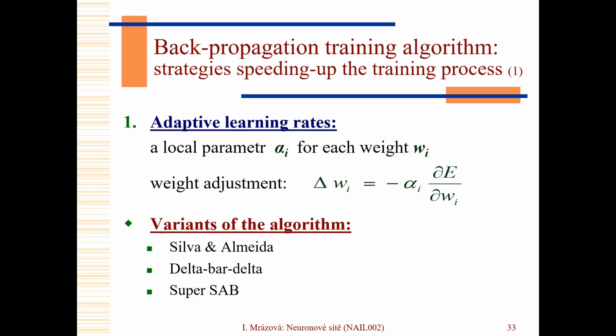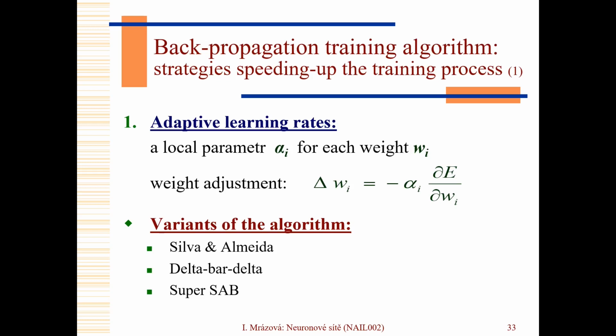Now for the first type of methods based on adaptive learning rates. For each of the weights and thresholds, we have now a local parameter. So for weight Wi, we have a local learning rate alpha i.